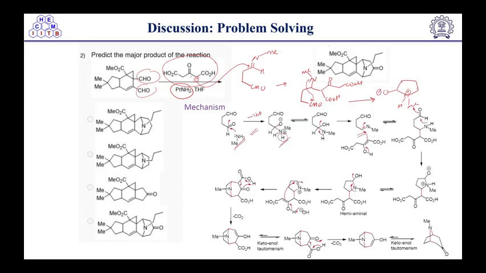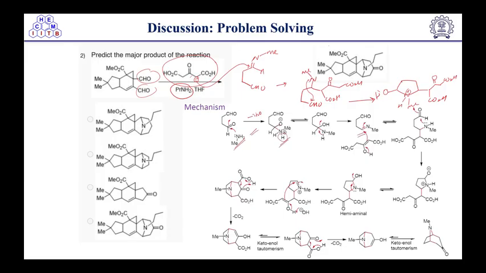O minus, okay. And next to this one we have this group. Understood till here? After this one, proton transfer will take place and it will become OH, right?